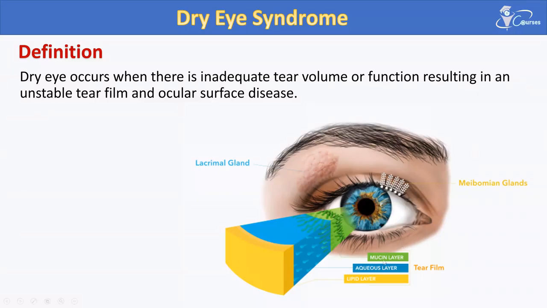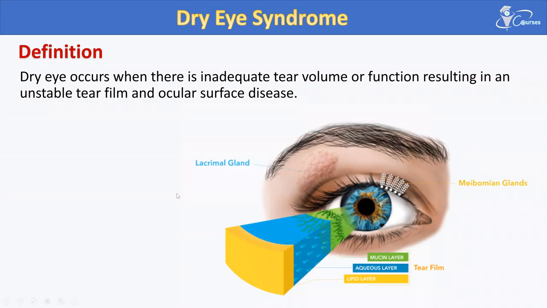If there is a problem affecting the mucinous layer, like any destructive lesion affecting the conjunctival surface, such as cicatrizing diseases like chemical burn, Stevens-Johnson syndrome, ocular cicatricial pemphigoid, trachoma, all this will affect the conjunctival surface, causing scarring of the mucinous glands or goblet cells, resulting in dry eye.